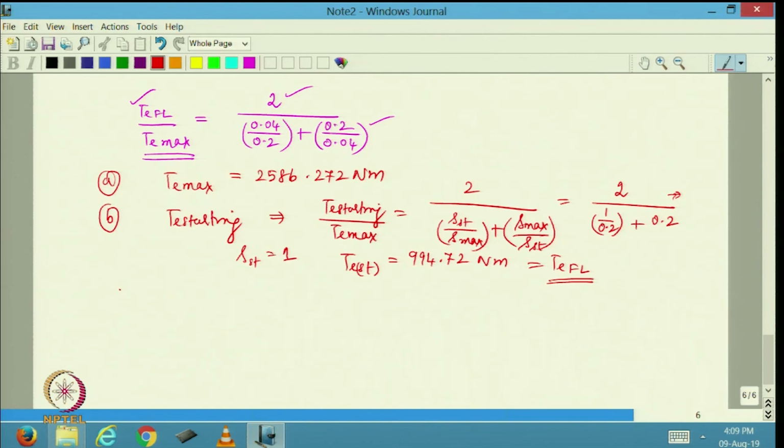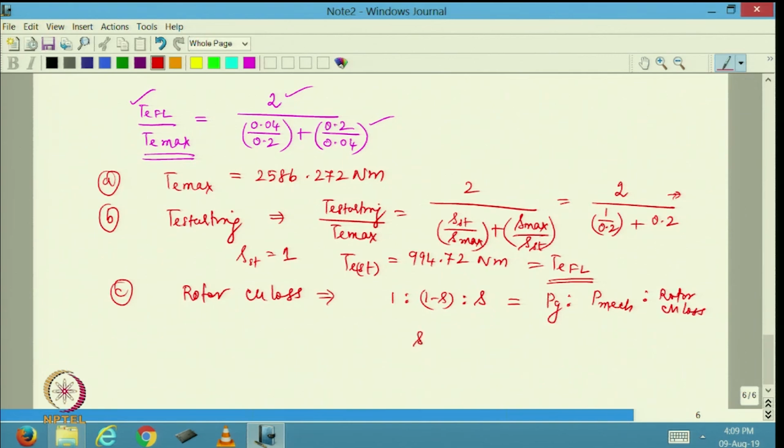The third one that is being asked is rotor copper loss. So, how will you get it? Please remember the equation we derived, 1 is to 1 minus S is to S, that was actually PG is to P mechanical output is to rotor copper loss.